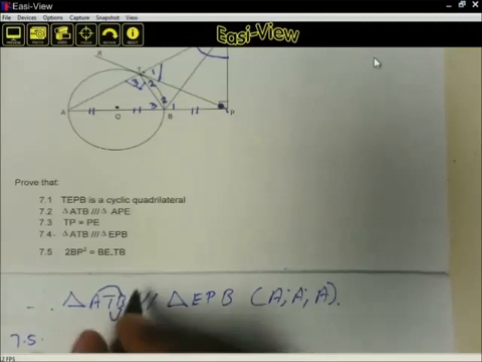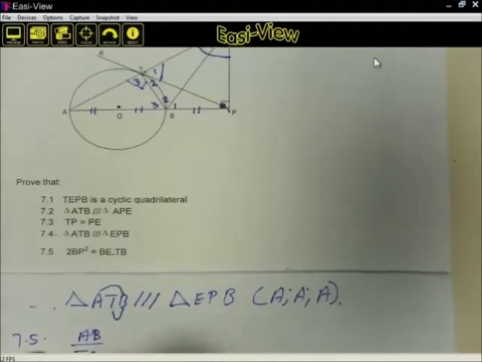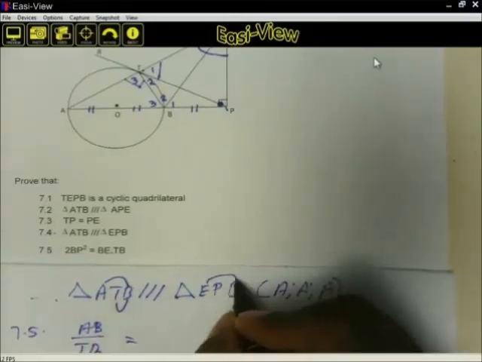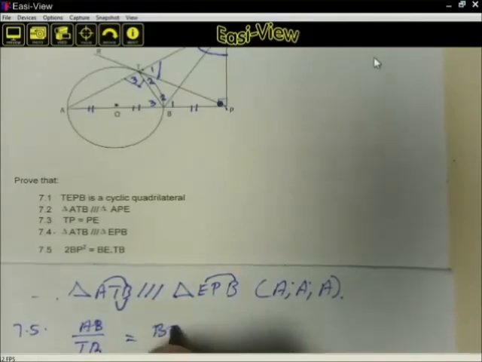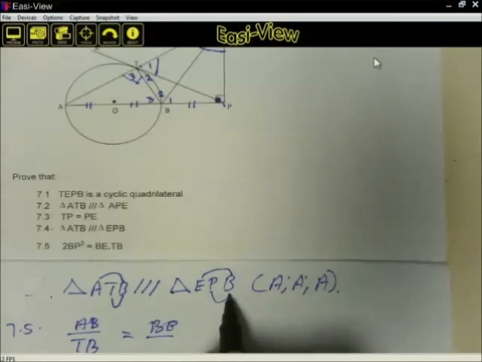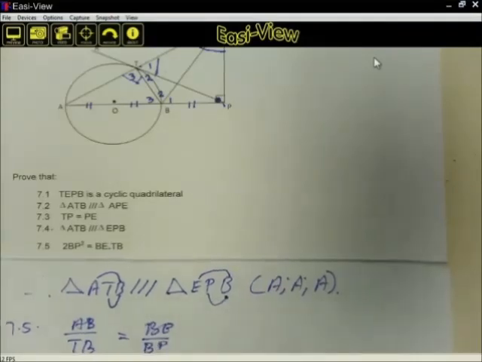AB over TB is the same as, instead of AB, you can take EB, which is BE over TB, and here will be PB or BP. And then you cross multiply.